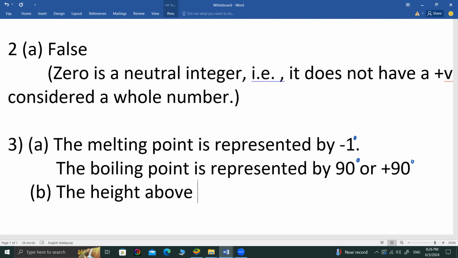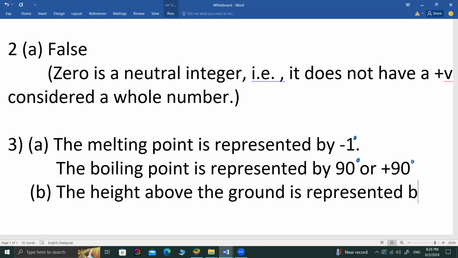So the height above the ground, just tell above the ground will do. The height above the ground is represented by, if positive, you can write two ways. Just now I said positive, you write 50 or positive 50. Got it?